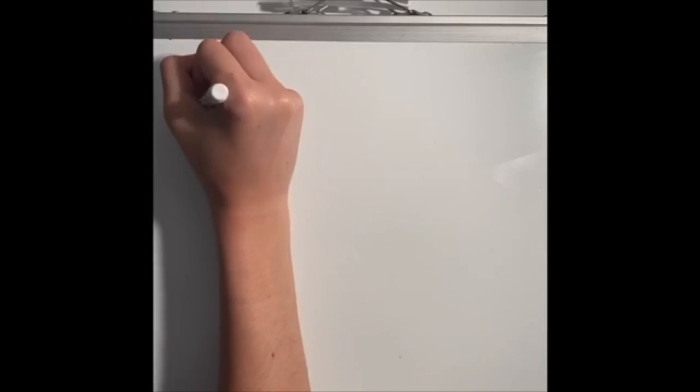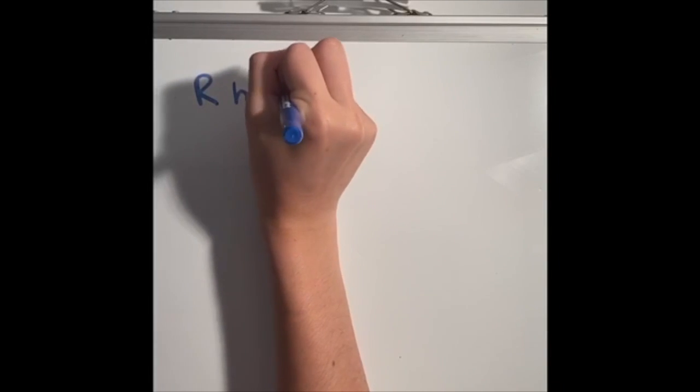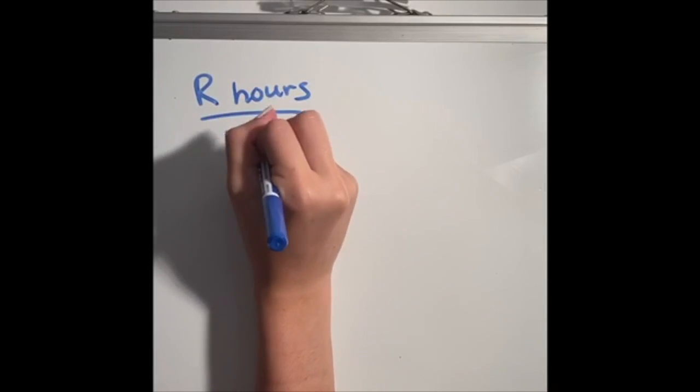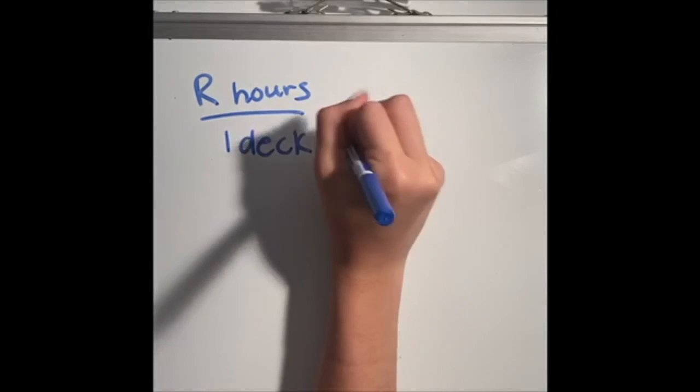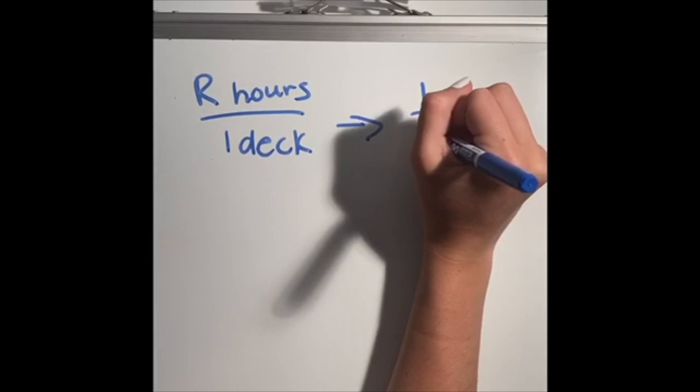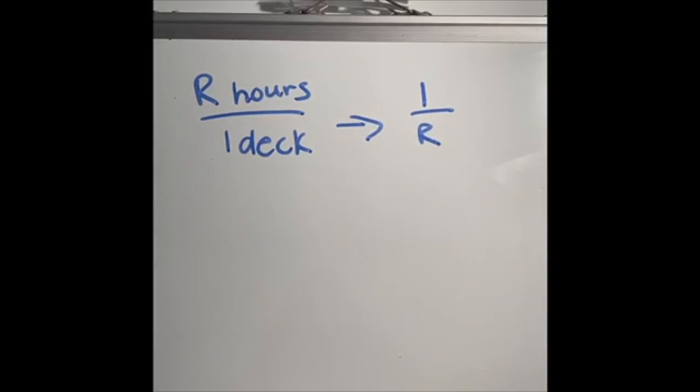So we'll use R as the number of hours for Riley. So Riley has R hours divided by one deck. And then if we inverse that, it's one deck over R hours.